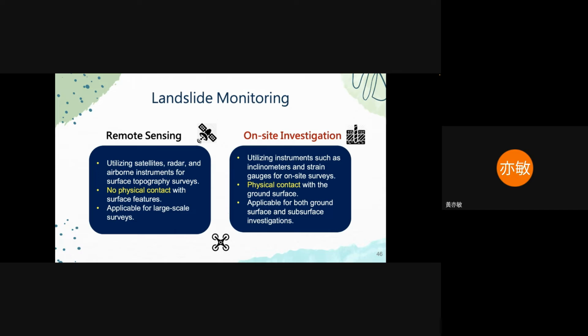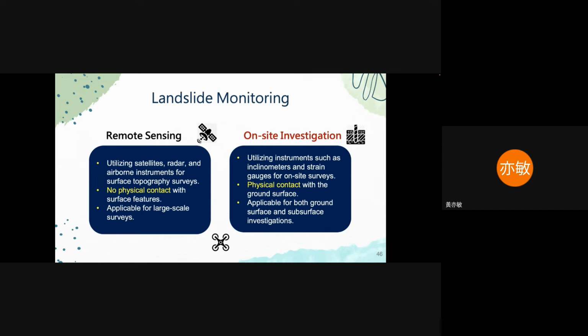The on-site investigation here is categorized as physical contact, because someone actually goes on the site. So this is the major difference between remote sensing you can use for landslide monitoring, but also you need to consider whether you send someone or a team to investigate the local conditions.